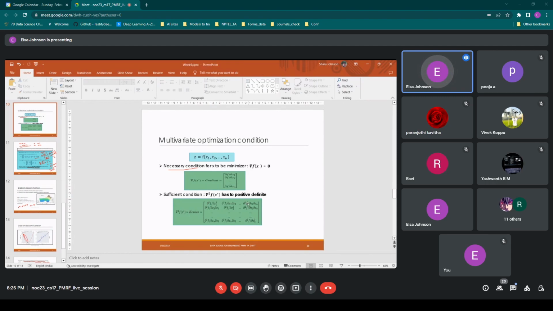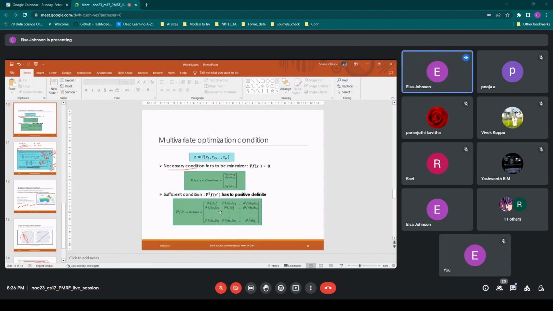So usually if you have two variables, it will be like dou square f by dou x1 square. All the diagonals will be with respect to those variables itself. So dou square f by dou x1 square, dou square f by dou x2 square, dou square f by dou xn square, those will be the diagonals. And the other things will be like dou square f by dou x1 dou x2, then dou square f by dou x1 dou x3, etc. up to dou square f by dou x1 dou xn.